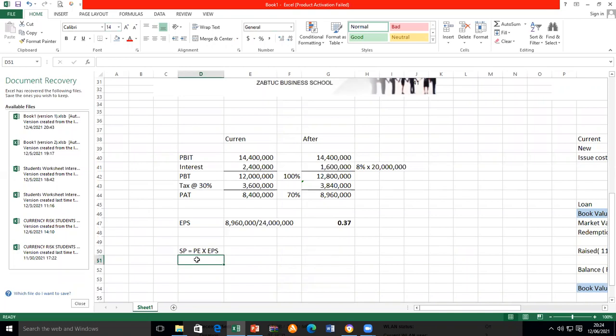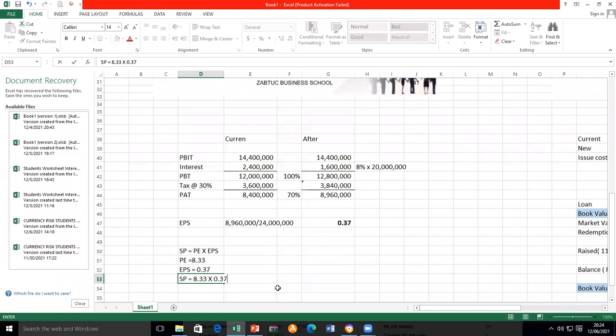Remember what they say? They say the PE won't change. It will continue as 8.33. Then your EPS, you have just calculated, equals 0.37. So your share price in this case is 8.33 multiplied by 0.37.